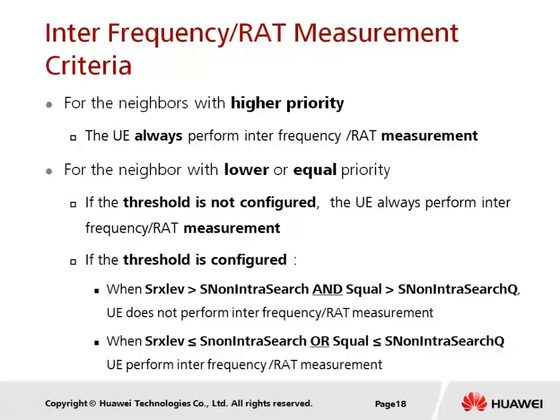If it is not defined, the user always performs interfrequency and IRAT measurement. If the threshold is defined, the user checks whether the measured RSRP minus the minimum requirement is smaller than the threshold, or the measured RSRQ minus the minimum RSRQ is smaller than the threshold. Then the user will start measuring interfrequency or IRAT neighbors.